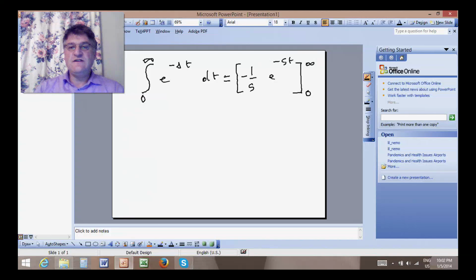At infinity, this goes to 0, so this whole thing goes to 0. So it becomes equal to 0 minus the value of this at 0, which is plus 1 over s. And so we conclude that the Laplace transform of a step is 1 over s.